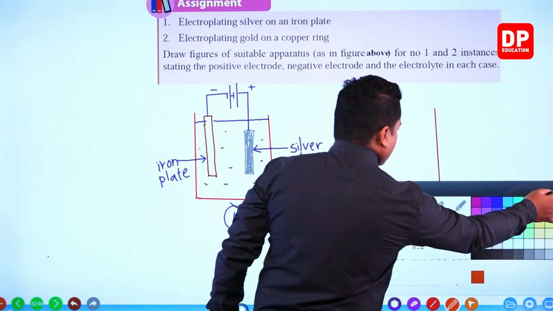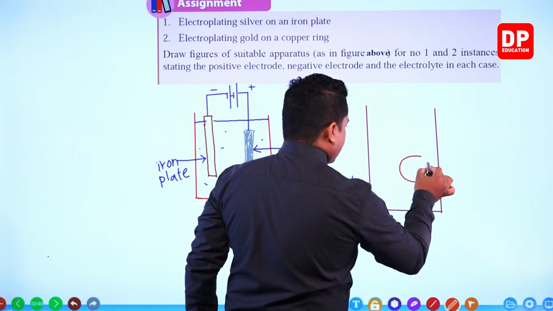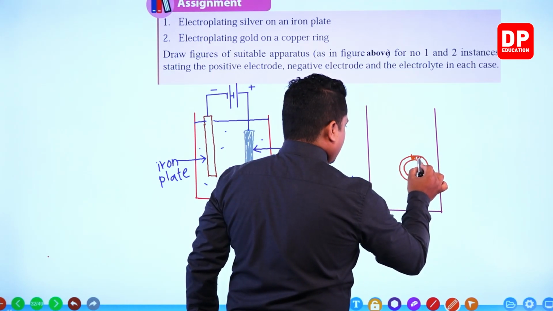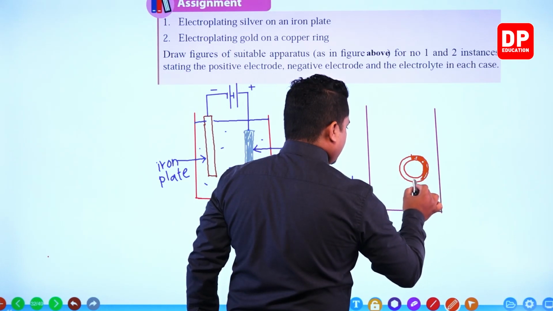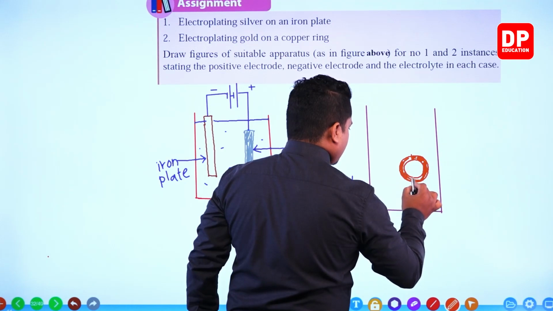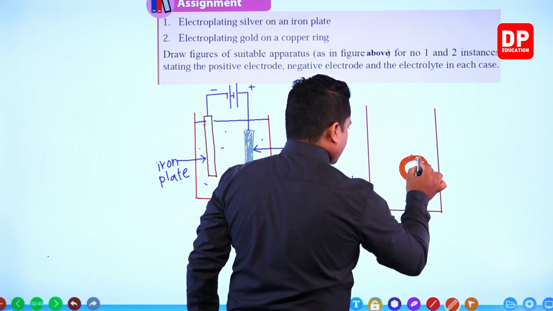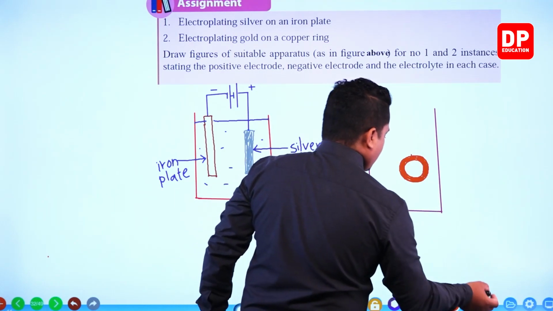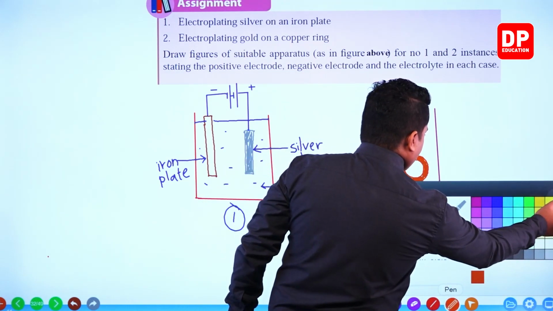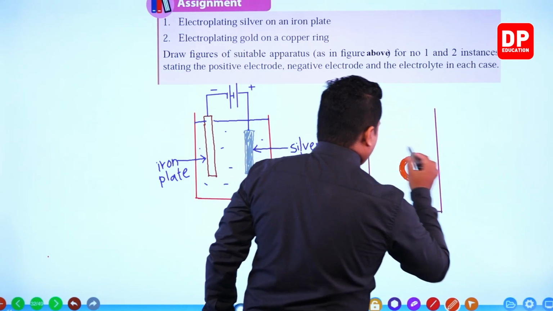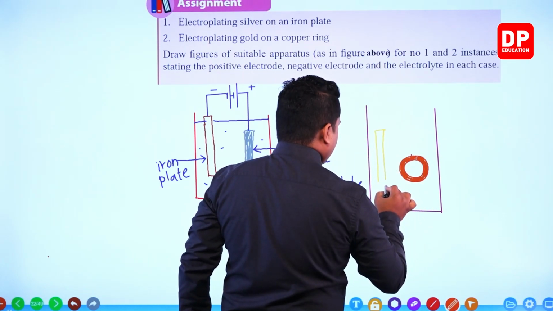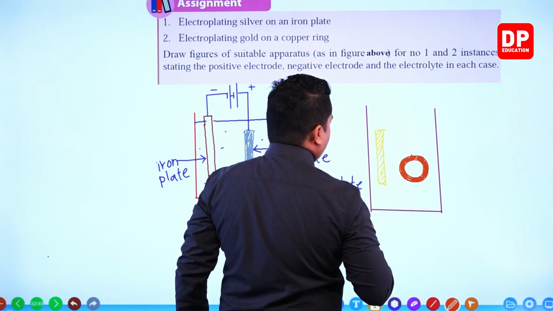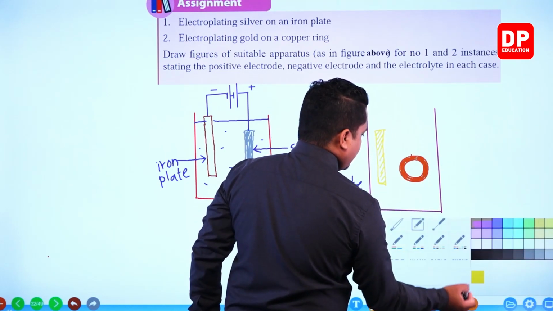So this is the copper ring, my dear children. Now, the gold plate. You have to use a gold plate. Then the connecting wires.